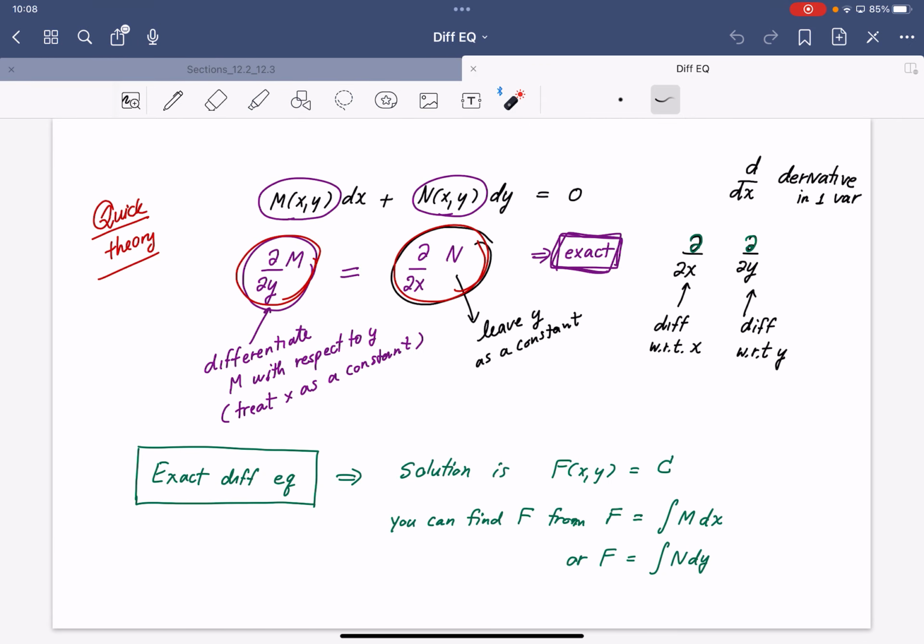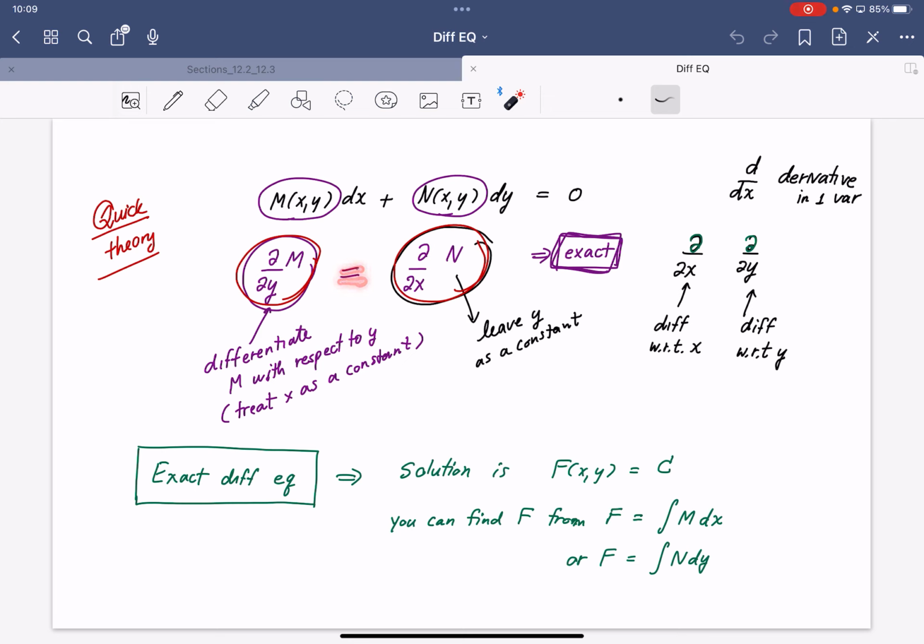So this is the quick theory for the exact differential equation. Let's do a review pretty quick here. When you have the equation M(x,y) dx plus N(x,y) dy equal to 0, you start by differentiating M with respect to y, and then you differentiate N with respect to x, and then you check if they are equal to each other or not.